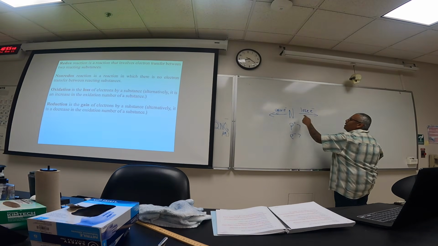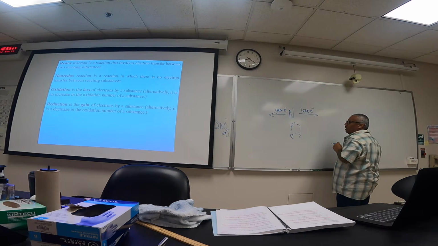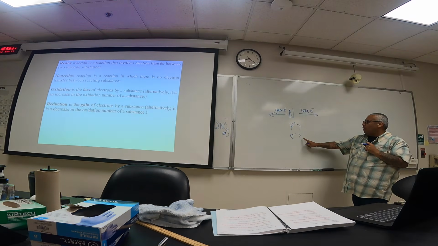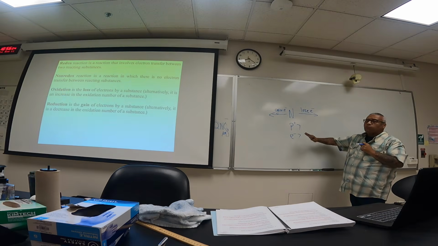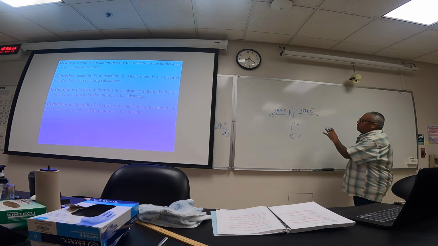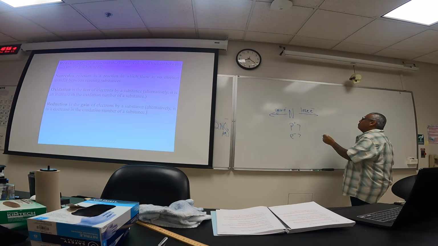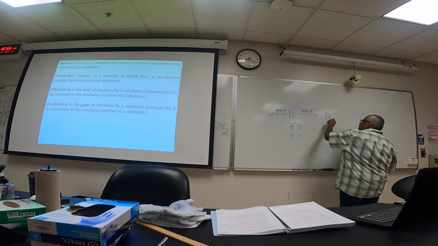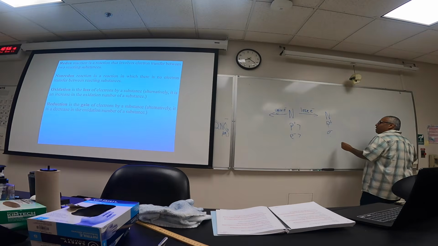So let's say that nitrogen was in a redox reaction and it lost or transferred, we'll say 3 electrons. So if it loses 3 electrons, how many electrons does it have left?